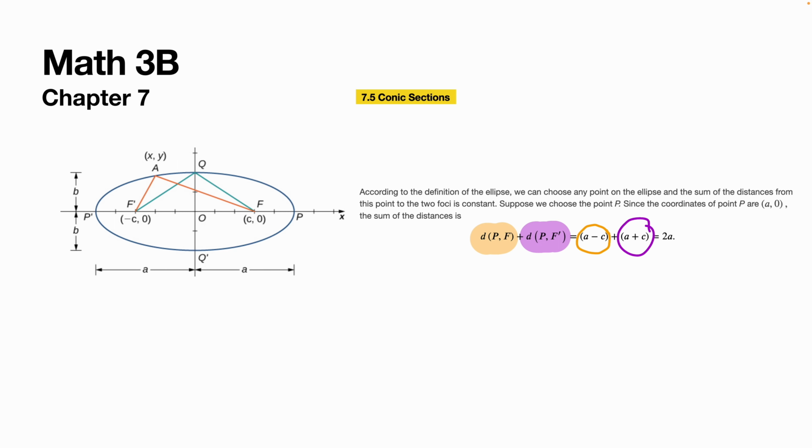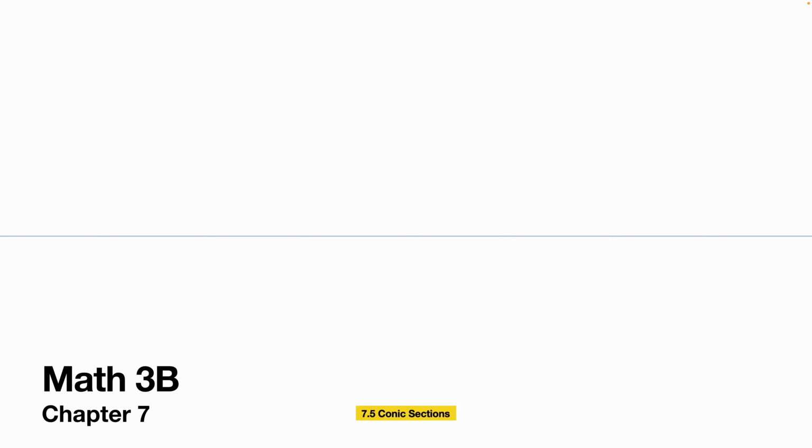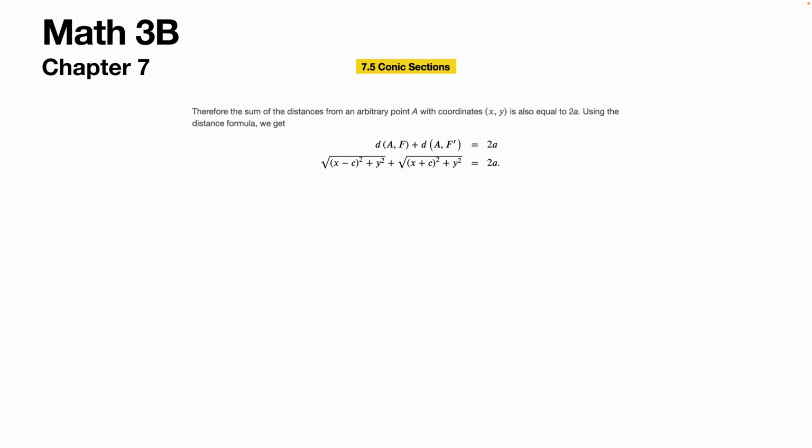Fantastic. So what did we do? We used this vertex to come up with the constant must be fixed at 2A. So therefore, we can go in and plug in the distance from any point A to the focus F plus the distance from any point A to F prime must be twice A. That's what we have.